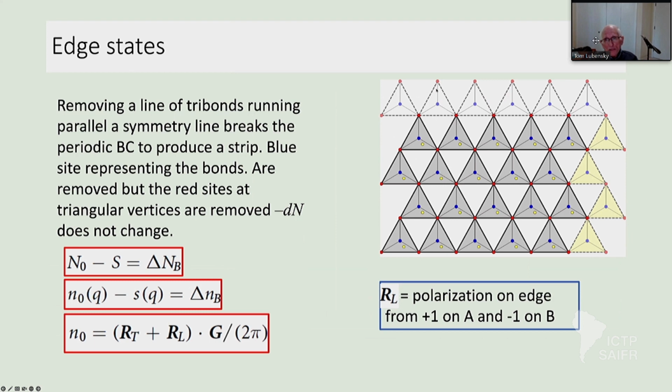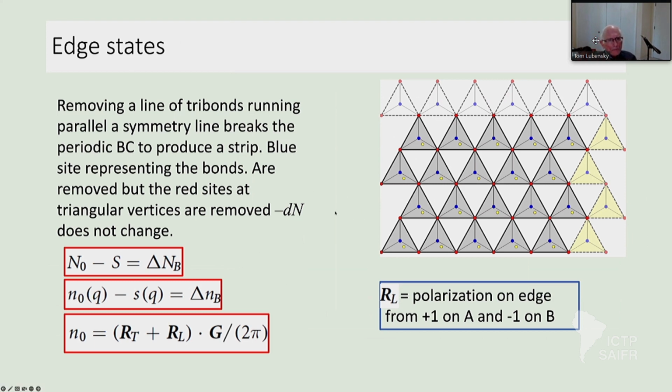And so we had at least 2 bonds, and in some cases we had 4 bonds and 2 sites that we took off. Here we can take out one line of the bonds centered on the blue points, and we've immediately opened up the circle or the torus like that.